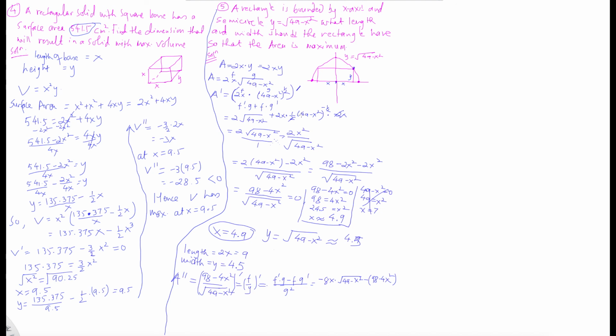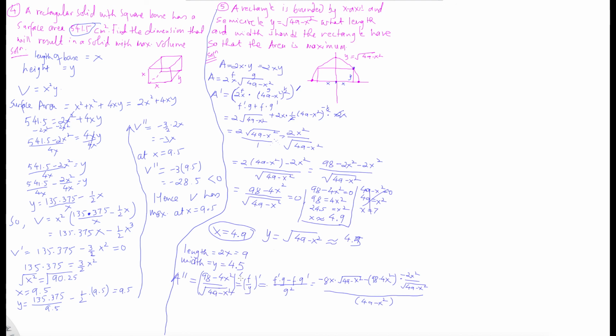What was the g prime? This is the same g as before, right? g prime was negative 2x squared over the root of 49 minus x squared, right? So times negative 2x squared over the root of 49 minus x squared. Divide by g squared, that is 49 minus x squared only, because the root cancels with the square.